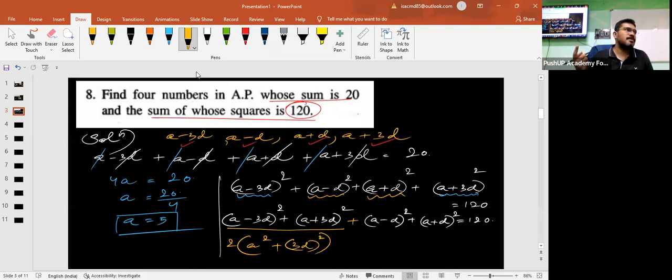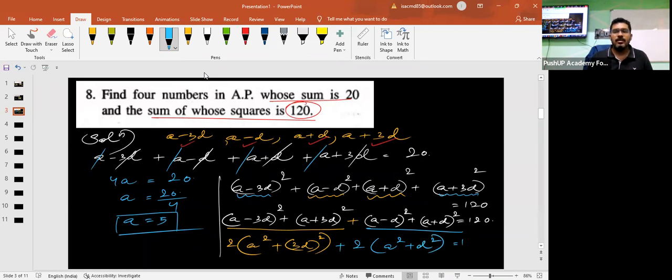It is A square plus B square, right? Here B is 3D, so B square will be (3D) the whole square. Again, (A minus D) the whole square plus (A plus D) the whole square can be further simplified as 2 times (A square plus D square). And that is equal to 120.